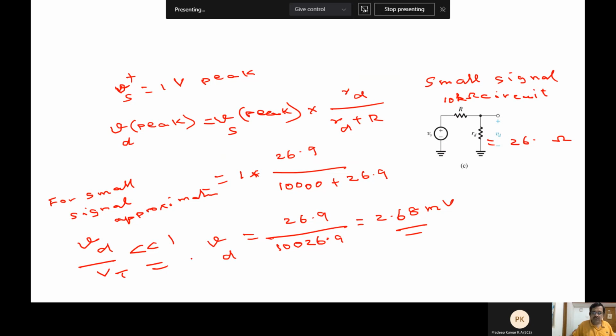Indeed, it is the case because we get 2.68 divided by 25. You will get much smaller than 1. This is roughly about, say, 2.5. 2.5 divided by 25 will be 1 by 10. So that is much smaller than 1. Therefore, our method of applying the small signal model in this problem is correct.